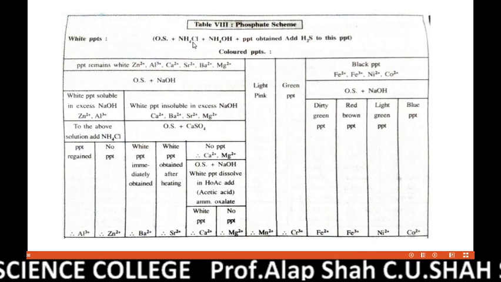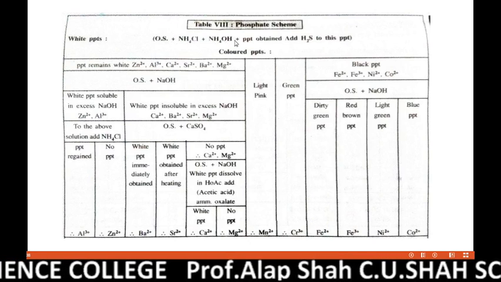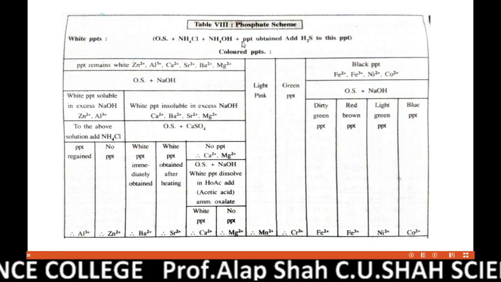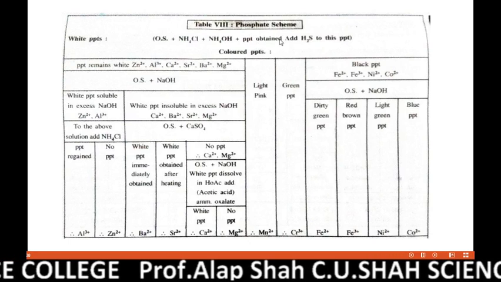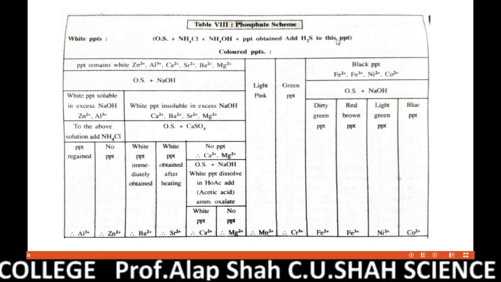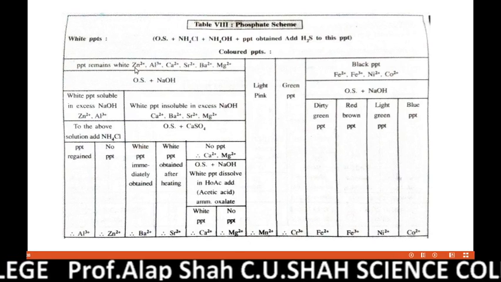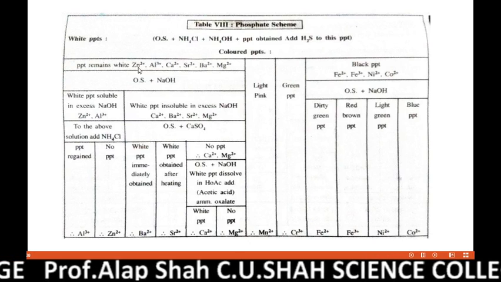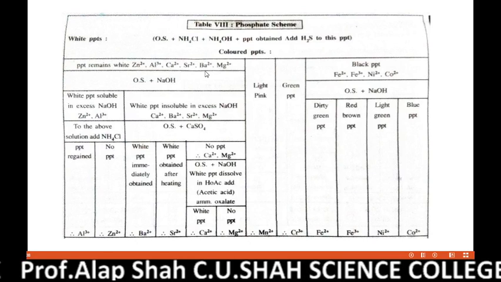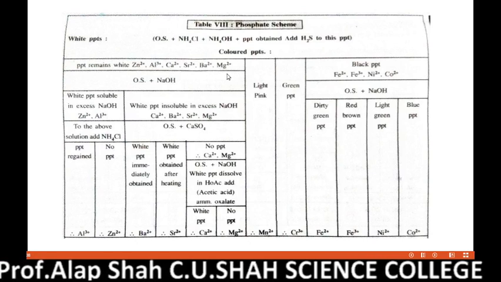Your OS plus NH4Cl plus NH4OH. As I said, you will get PPT. Now, actually, it is not PPT, it is your phosphate. Then add H2S. If you get white precipitates, then these six positive ions, zinc, aluminum, calcium, strontium, barium, or magnesium, can be present.